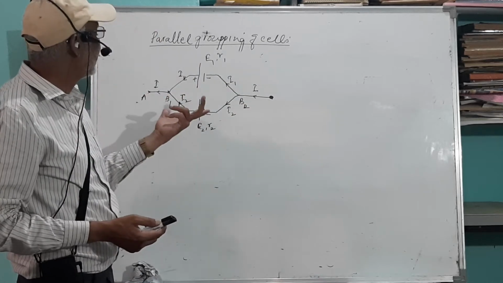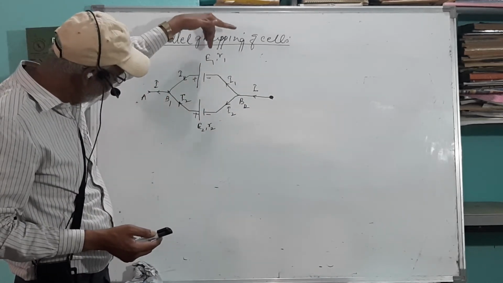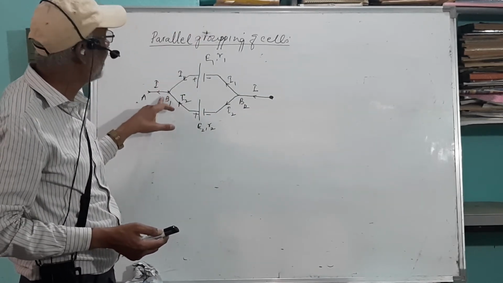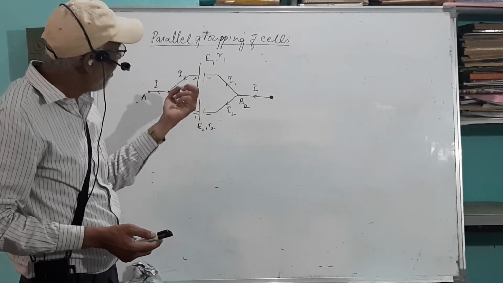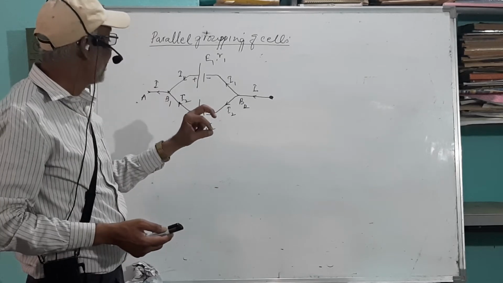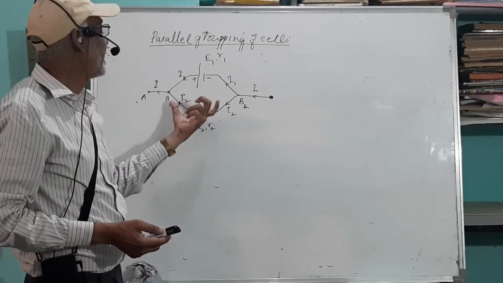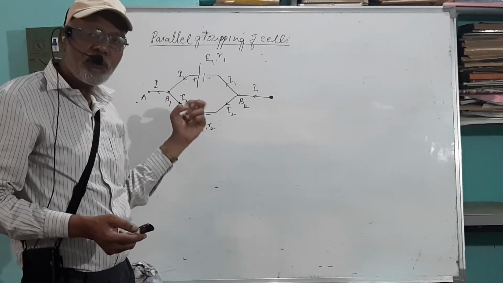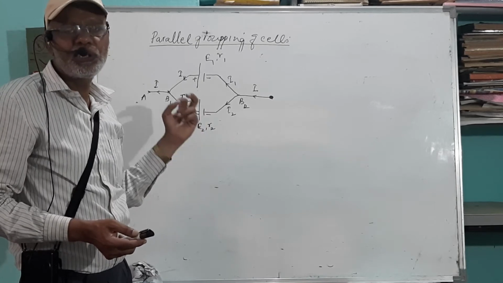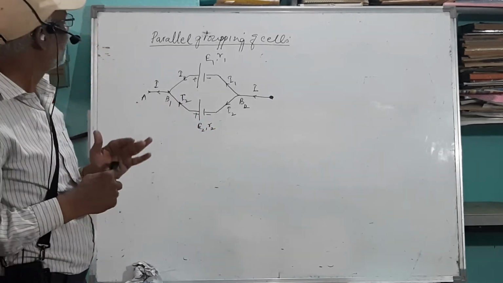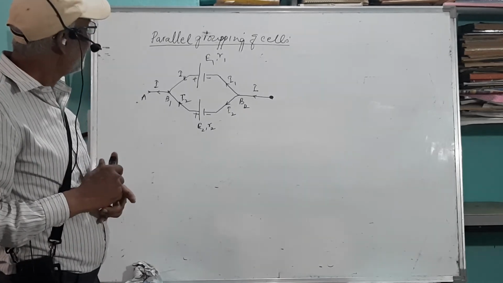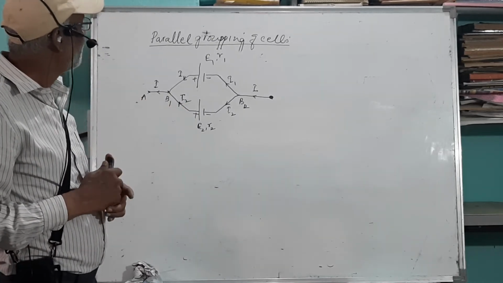If there are three cells, and the positive terminal of the third cell is connected to B1 and the negative to B2, that is, all the positive and negative terminals are connected between two given points, what is it known as? Parallel grouping of cells. So this is the parallel grouping of cells.